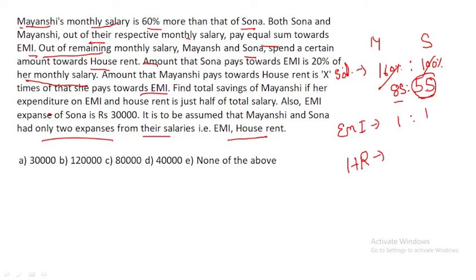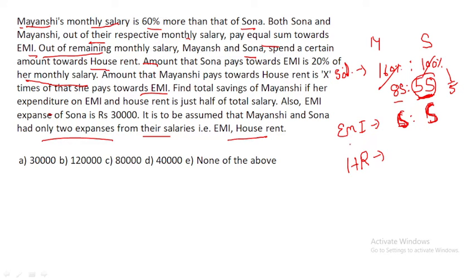That is 5S, right? So 20% of 5S will be what? That is 1/5 of 5S, so that will be S. And for Mayanshi also, the amount will be the same because they are paying the same amount on EMI. So that will be S.